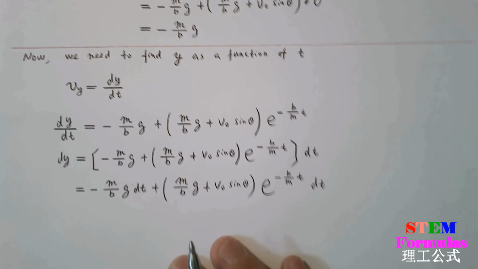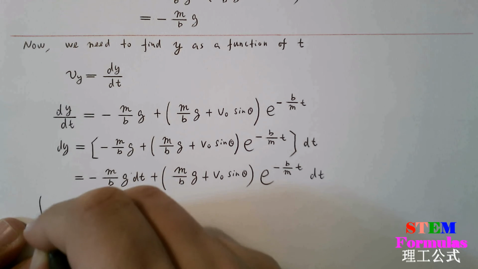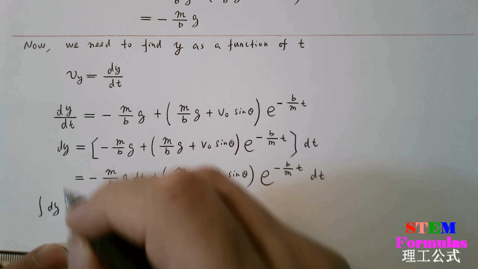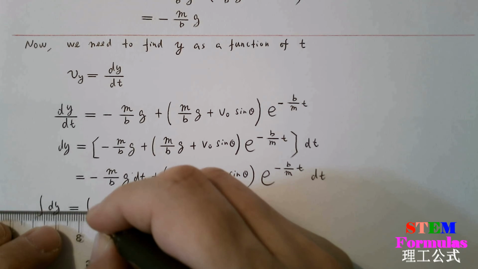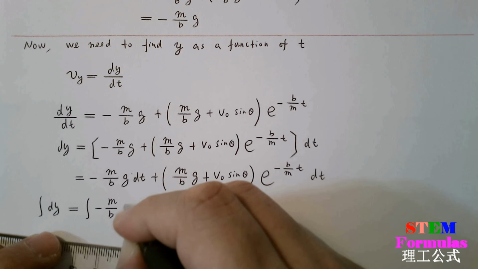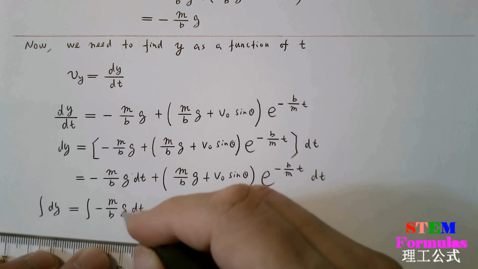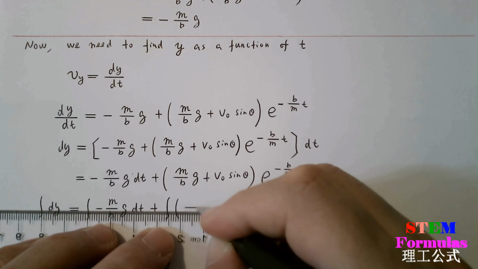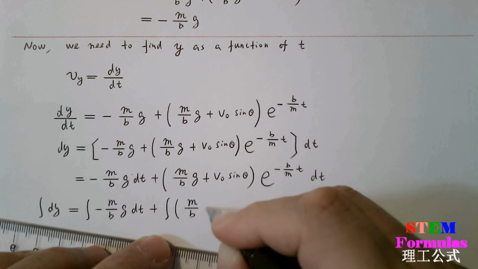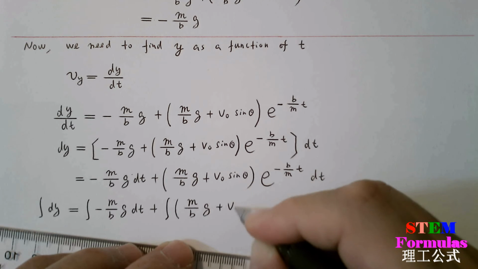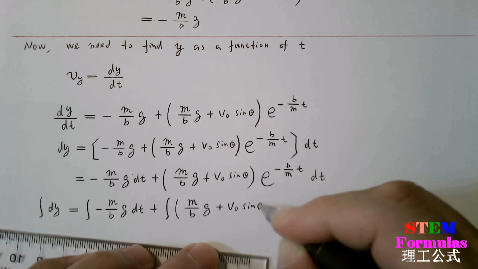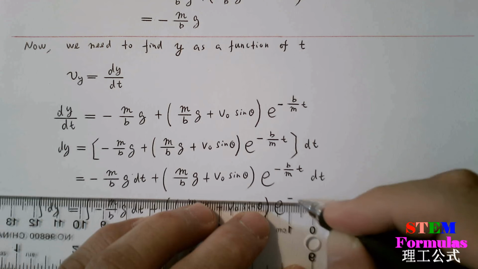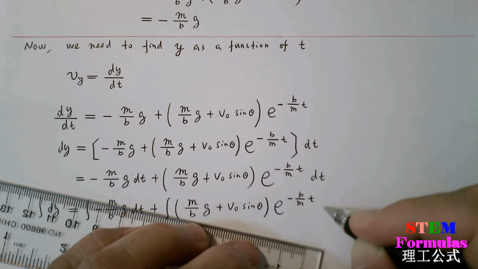Now I integrate both sides. On the left side, integral dy equal the first term, minus m b g dt, plus integral bracket m b g plus v0 sine theta bracket e to the power minus b m t and dt.